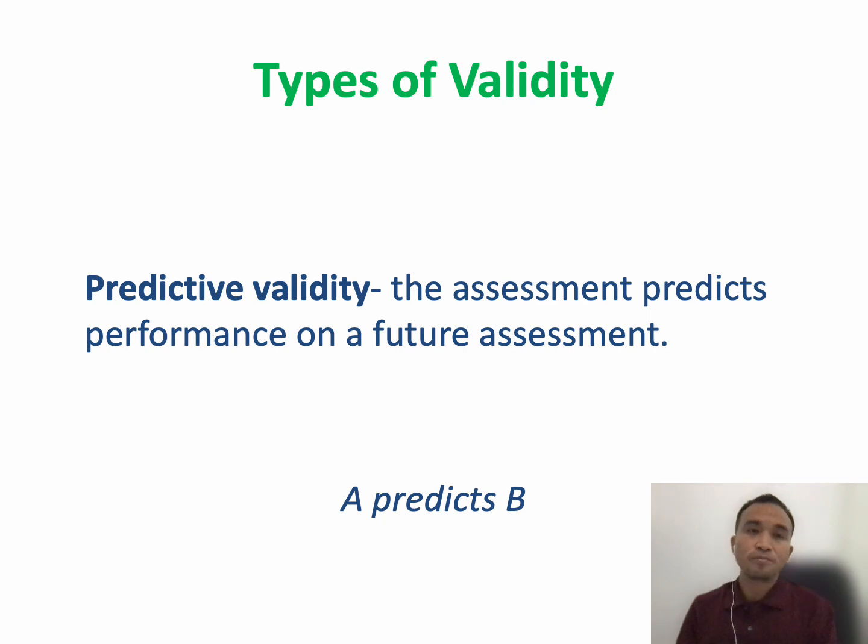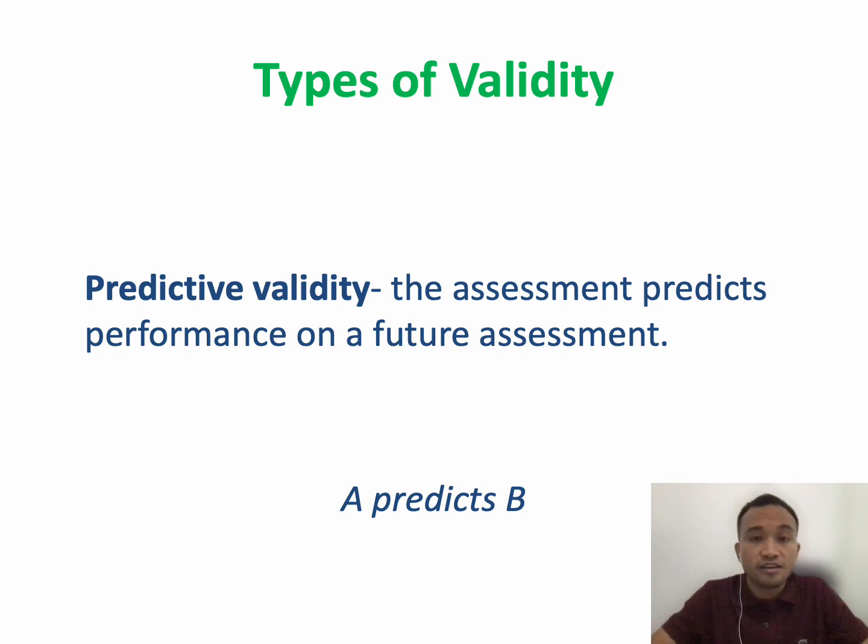The next type of validity is predictive validity. Finally, if you want to use an assessment to predict students' performance on a future assessment, it needs to have predictive validity.